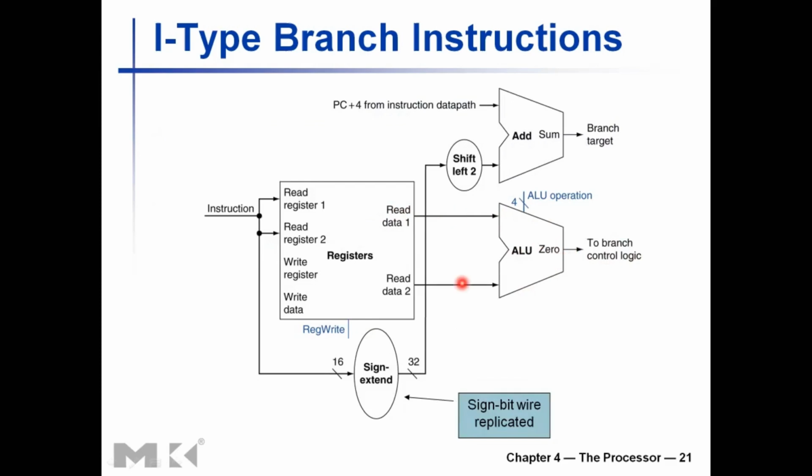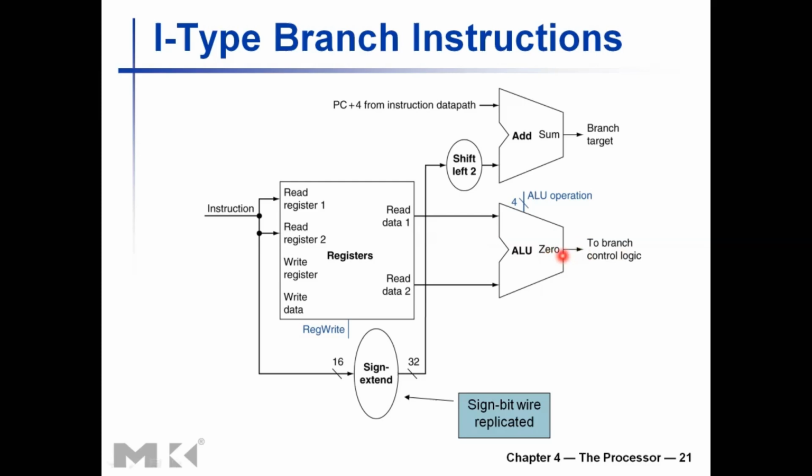That means whether the comparison, the two values were equal or not, because we are looking at branch if not equal or branch if equal instructions. So for those instructions, we take this 0 output, whether the result was 0 or not. This is very similar to the 0 flag in the CPSR, status register in ARM architecture.